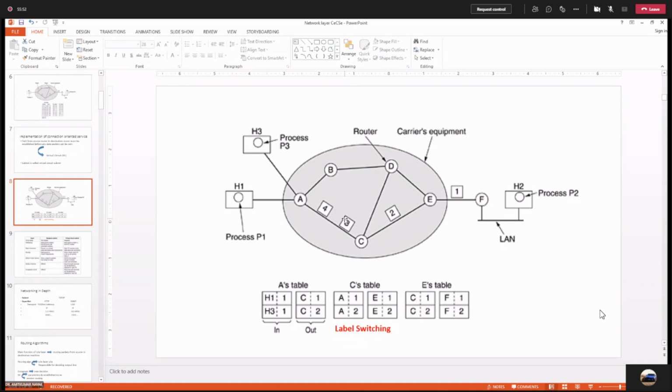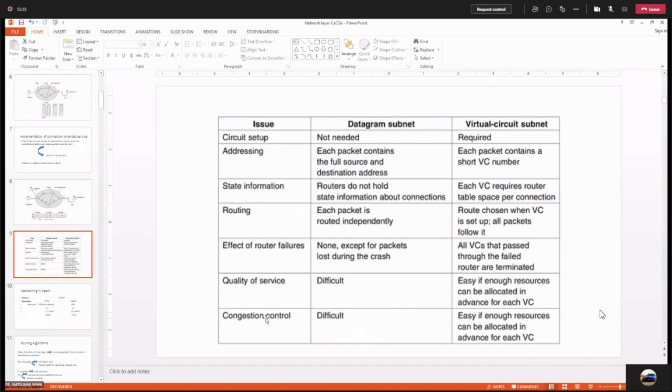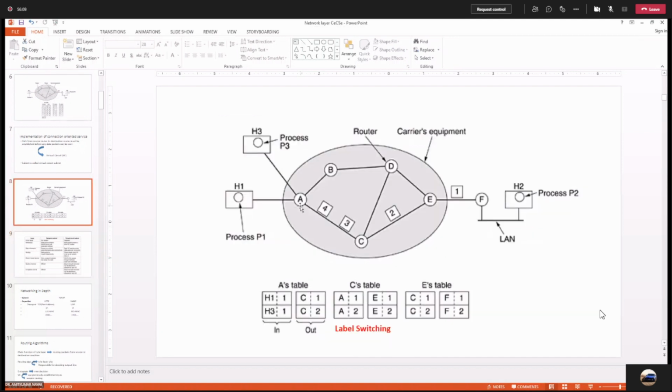Yes, sir. So congestion control you can easily achieve in the connection oriented approach, because if no space is available in A, then you can simply inform the sender to please stop sending packets, wait for a while, please wait for 1 minute 30 seconds or some time, and then transmit the packet, because you have full control on packets in connection oriented communication.